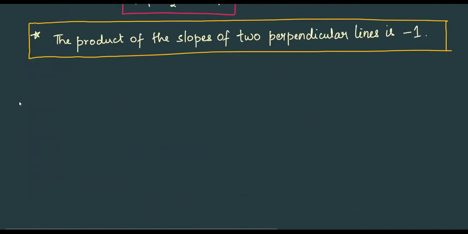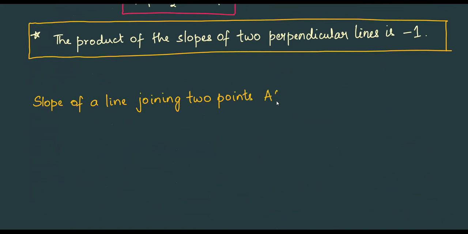Now next is slope of a line joining 2 points. Say A, x1 comma y1, and B, x2 comma y2.